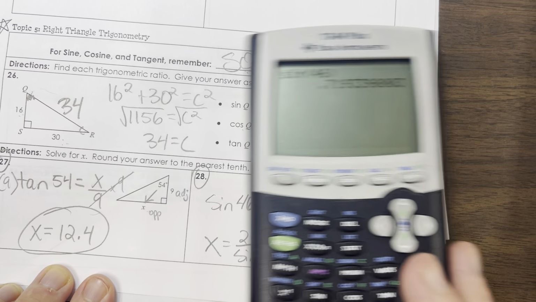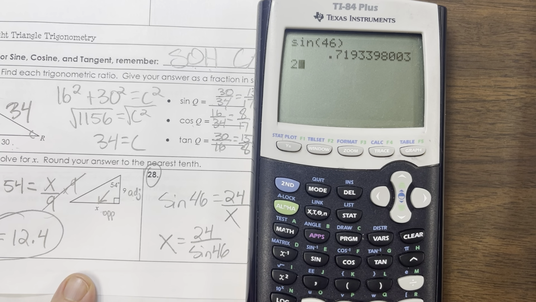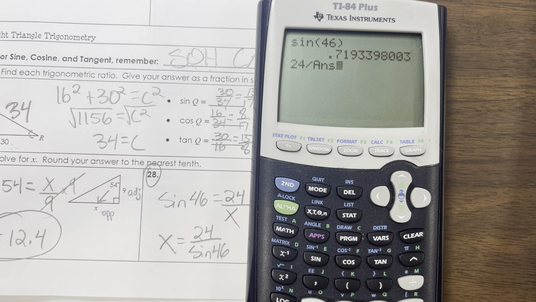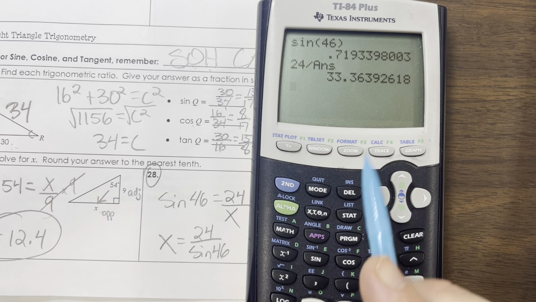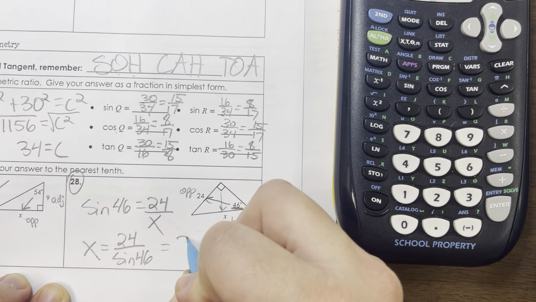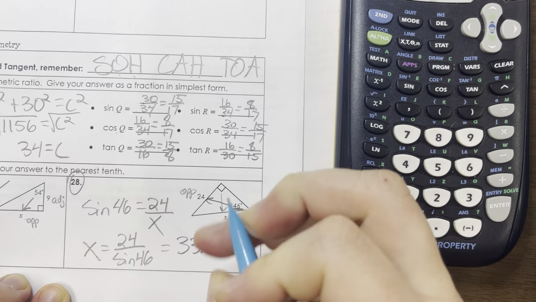And then I'm going to do 24 divided by the answer I just got, which is that 0.71933. And if I round this to the nearest tenth, I'm going to get 33.4.